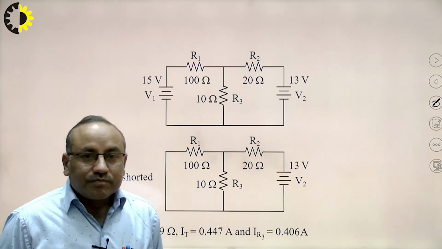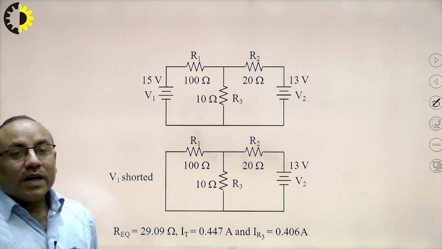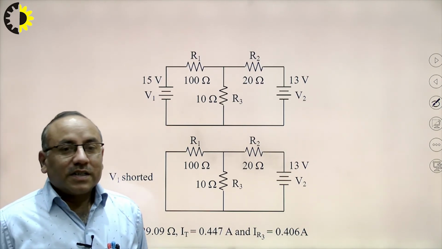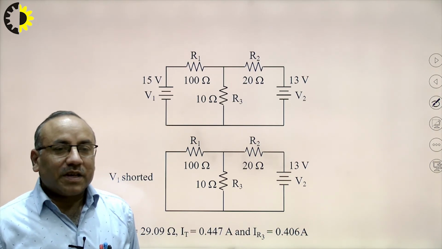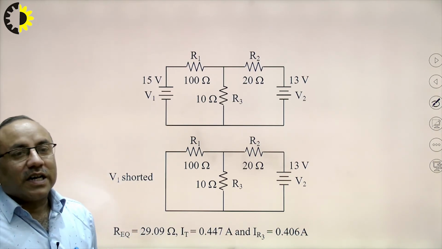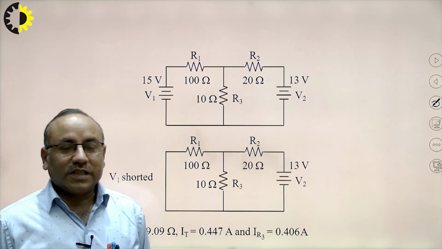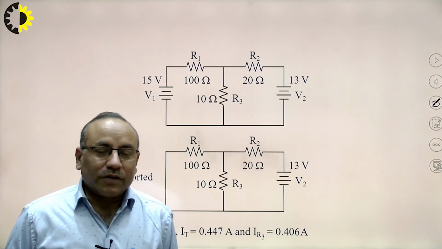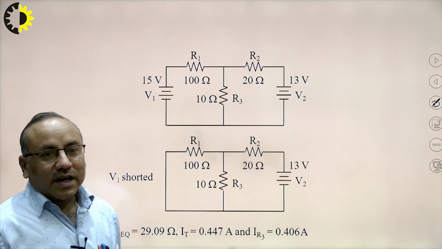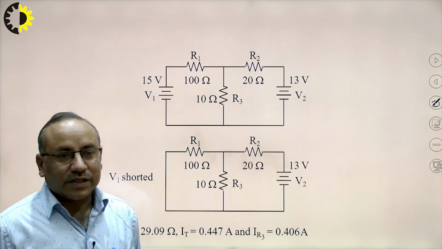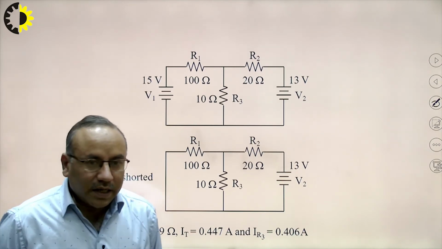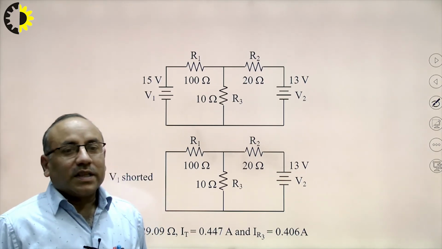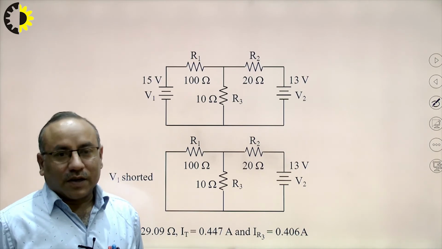Next, we consider the second voltage source, which is 13 volt, and at the same time the first voltage source V1 is short circuited, which is shown in the diagram. Now if we see this circuit, after short circuiting V1, we find R1 and R3 are in parallel, and the equivalent of these two is in series with R2.